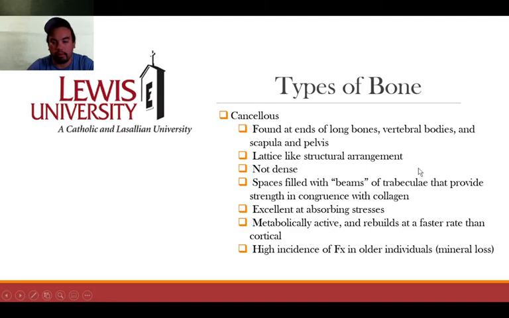That's where these are coming into play. And like I said, almost the same as those Haversian systems, it's really good at absorbing force within the plane of its webbing. Metabolically, it's very active and it rebuilds at a faster rate than the cortical bone. And then there's a high incidence of fracture in older individuals because of that mineral loss. Okay.